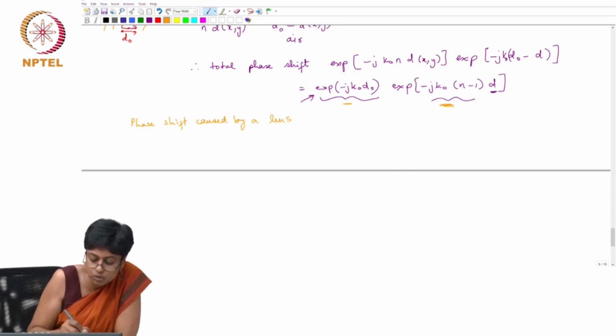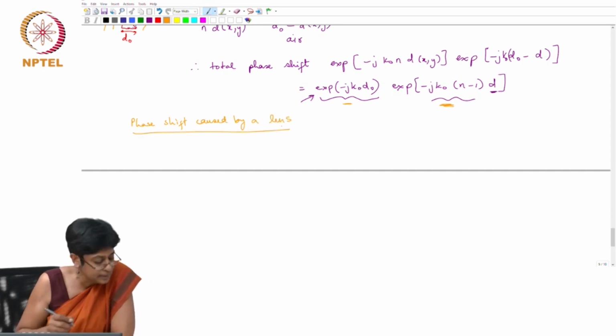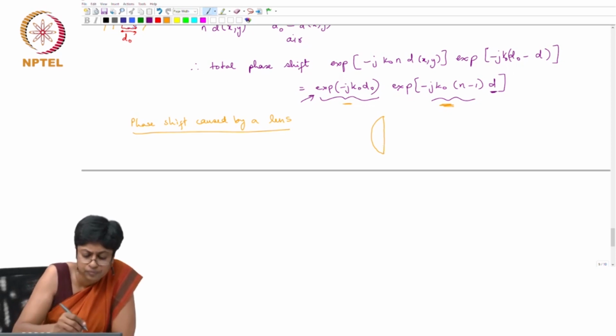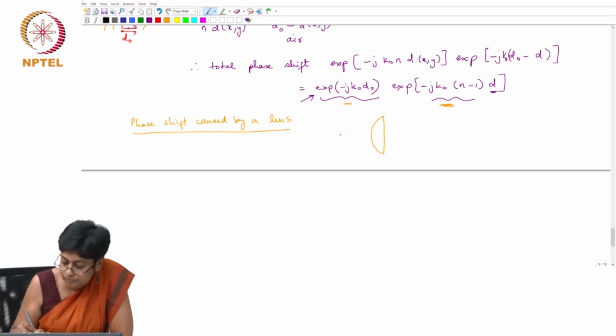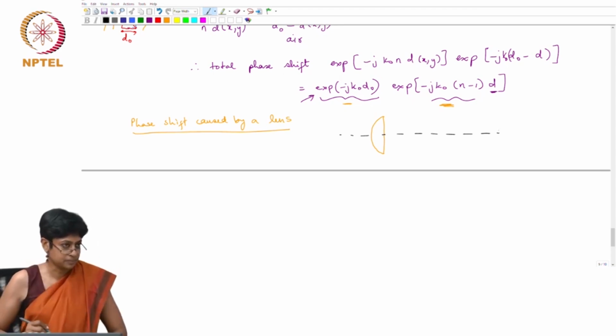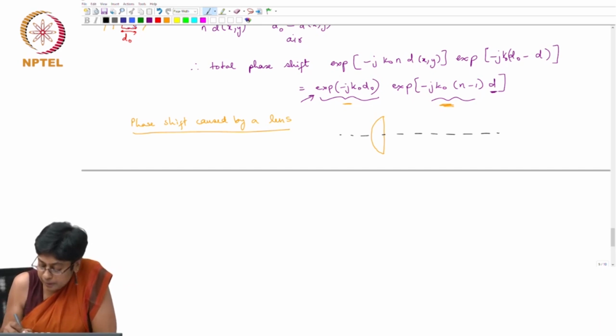And again, just to make it simple, we will take a plano-convex lens. So it's plano-convex, it's a spherical lens.